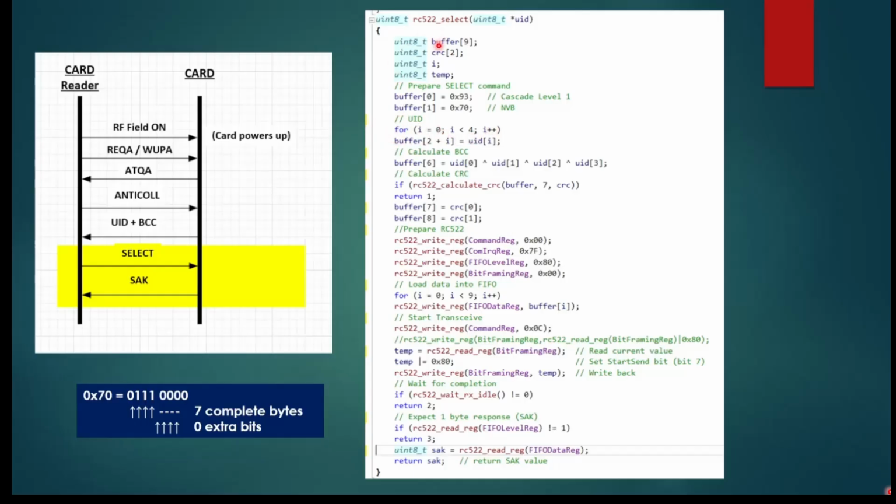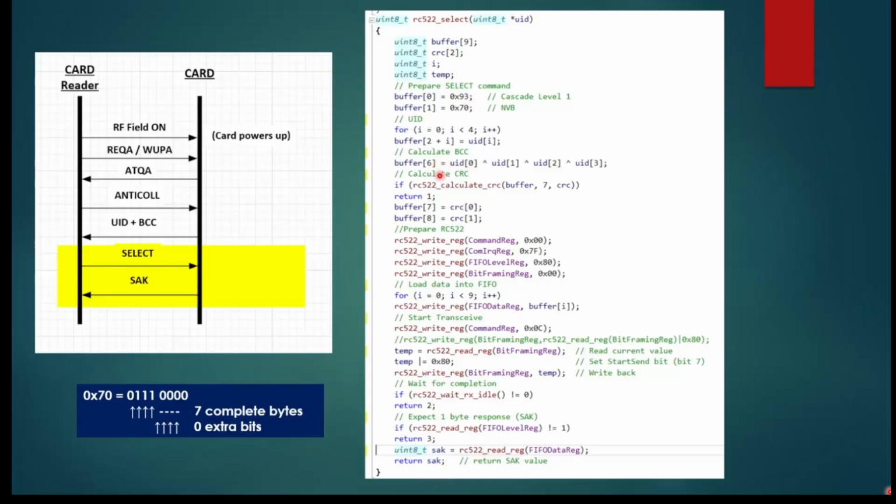So we have the cascade level command, the number of bytes that we're sending. Then we put together the message here. Next is going to follow all the UID, saying, hey, this is the tag we're selecting with this particular UID. Then we have to calculate the BCC, which is the XOR, exclusive OR, of all the UIDs.